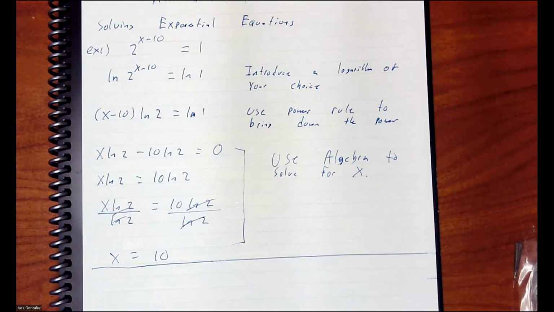Only cancel if you have products. I do not have a product up top. Factors. Like, for example, I could not cancel these, correct? But if I had a factor, then it can.